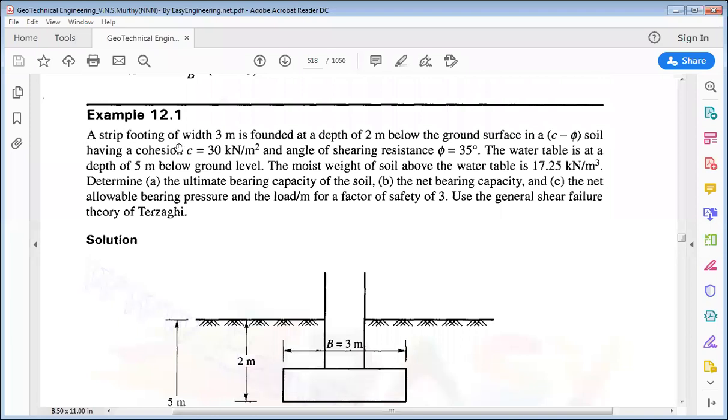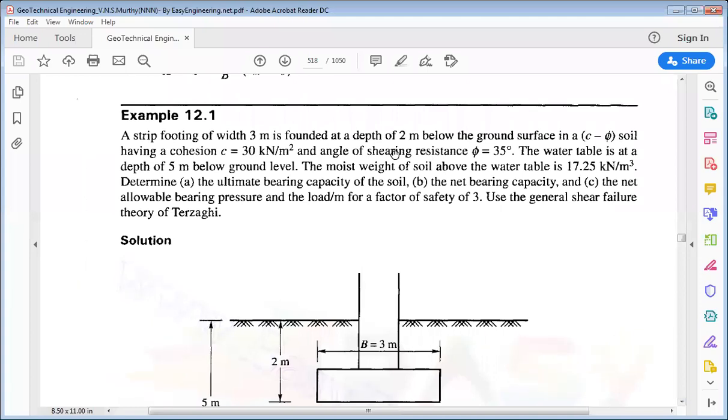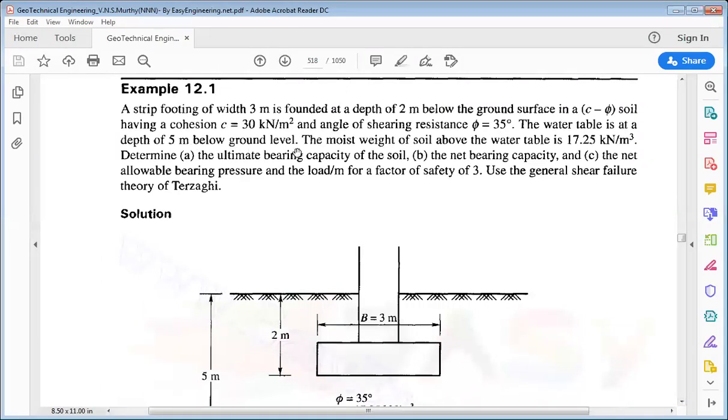A strip footing of width 3 meter is founded at a depth of 2 meter below the ground surface in a c-phi soil, having a cohesion c equal to 30 kN per meter square and angle of shearing resistance phi equal to 35 degrees. The water table is at a depth of 5 meter below the ground level.